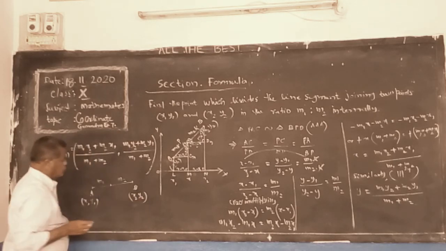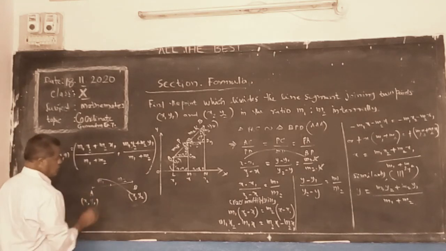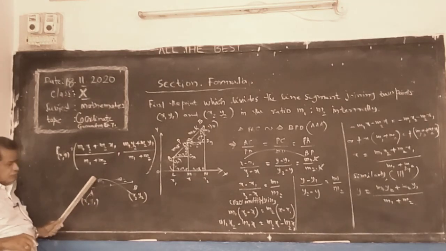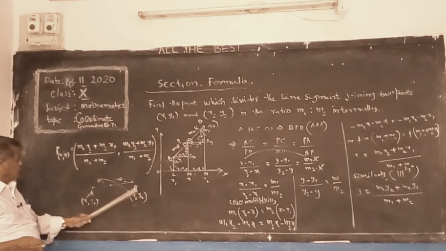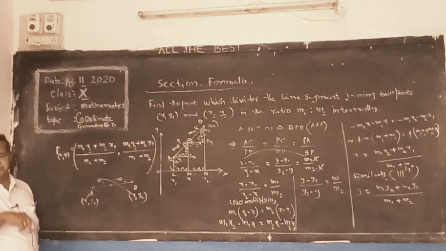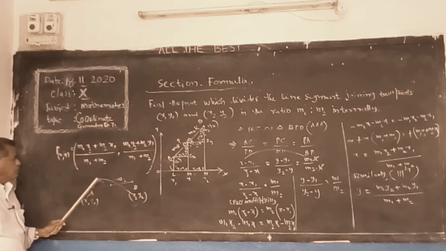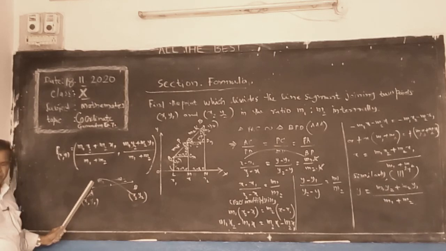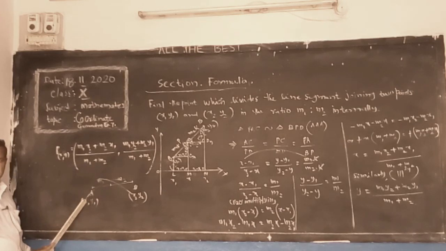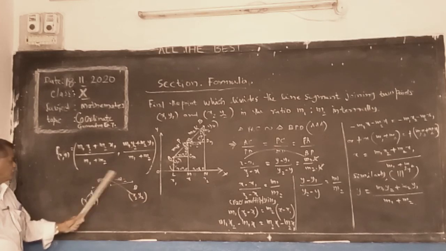An easy way to write it is cross multiplication: m1 x2 and m2 x1, and similarly for the y coordinate m1 y2 plus m2 y1. This formula is easy when we draw the figure. m1 x2 plus m2 x1, similarly m1 y2 plus m2 y1.